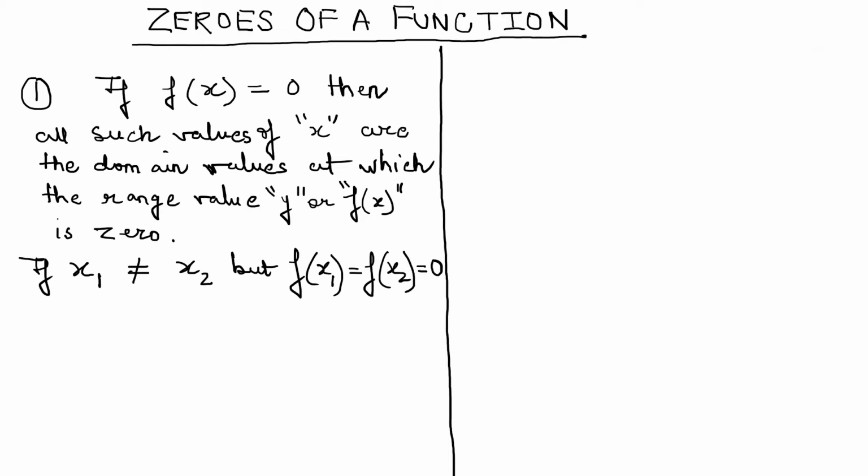In that case, both x1 and x2 will be known as the roots, and to be more precise, we will call them real roots or zeros.